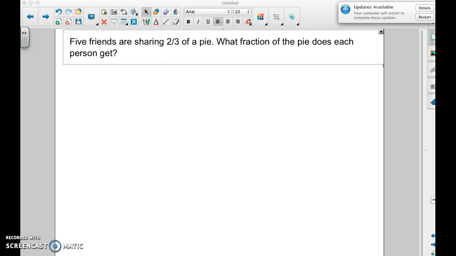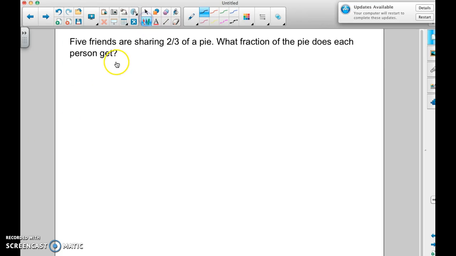All right, so we've got 5 friends. What are they sharing? How much pie? And they're sharing 2/3 of the pie. See everybody over there working? Let's be dead honest here. What makes the most sense here for me to divide?